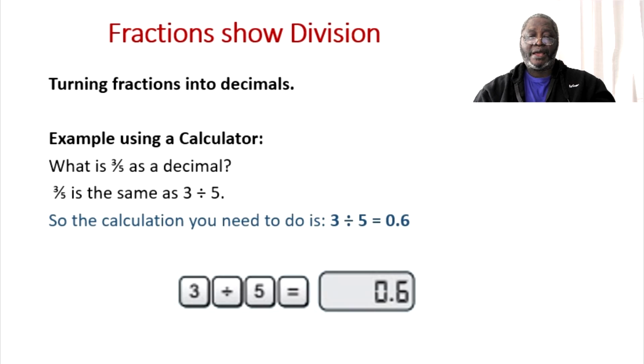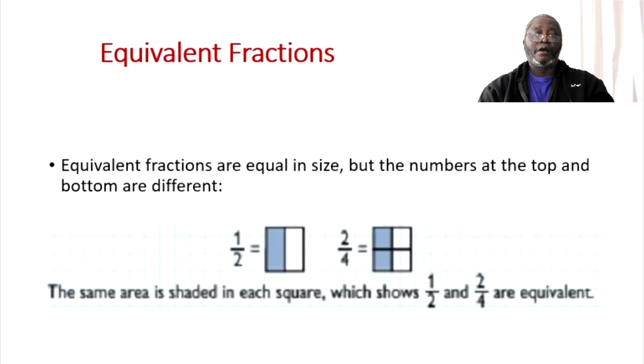If you multiply 3 by 2, you'll have 6. You multiply 5 by 2, you'll have 10. So 3 over 5 is the same as 6 over 10. They are equivalent. Equivalent fractions are equal in size, but the numbers at the top and the numbers at the bottom are different.